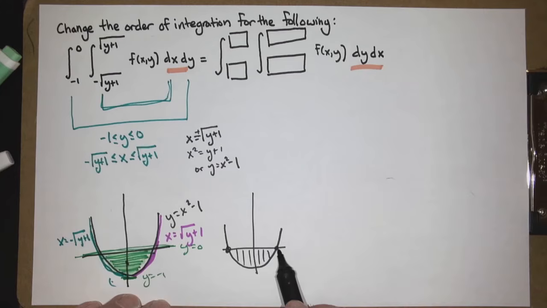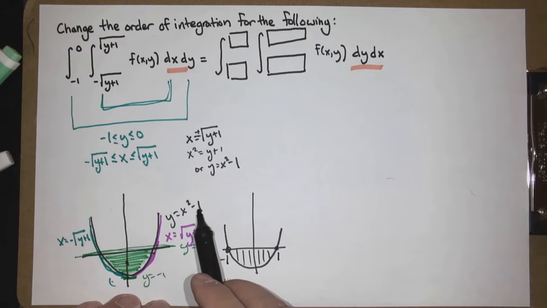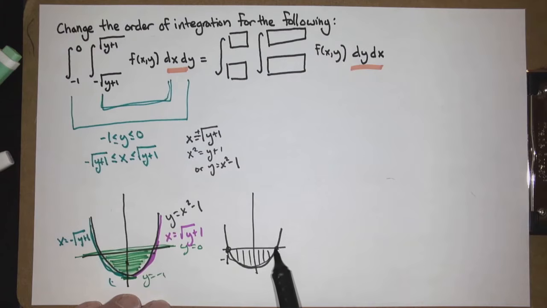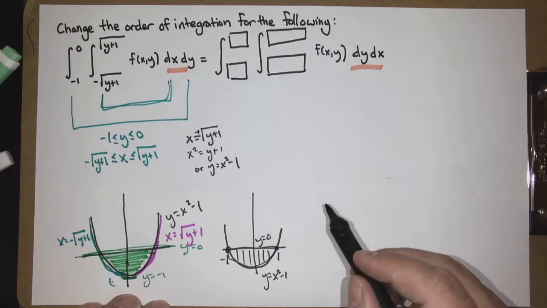Do you see those values? Negative 1, positive 1. You know, when does x squared minus 1 equal 0? What's the curve on the bottom? That's the curve y equals x squared minus 1. What's the curve on the top? Y equals 0.